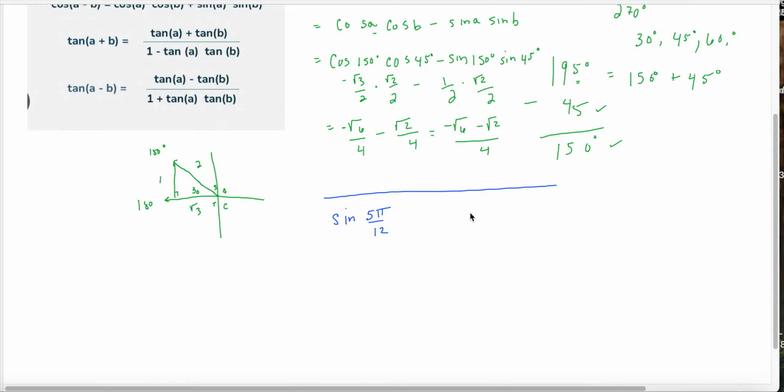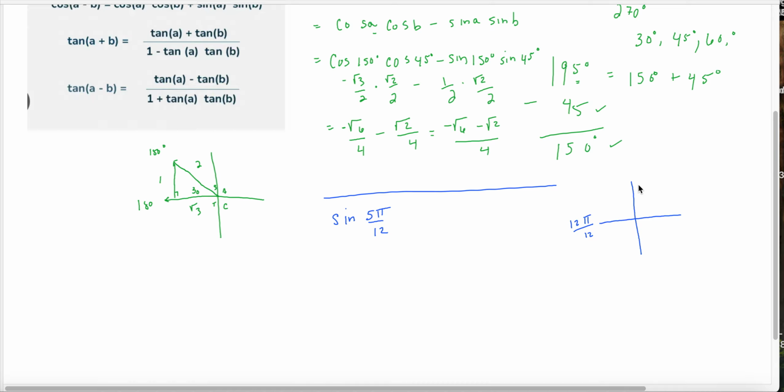Okay, so same thing. If we're thinking about this, how we have in the previous sections, we would be thinking about, okay, where would 5 pi over 12 be on the unit circle or on our xy plane? And so since we have that denominator of 12, we can think of pi as 12 pi over 12.